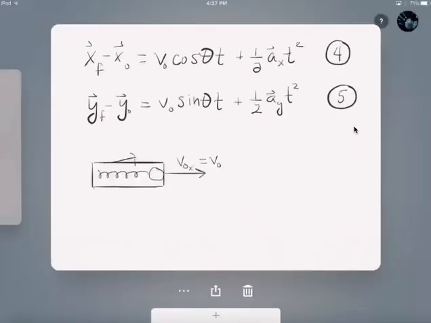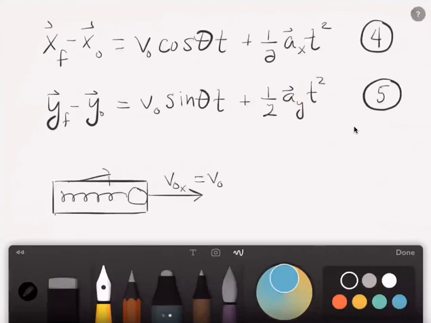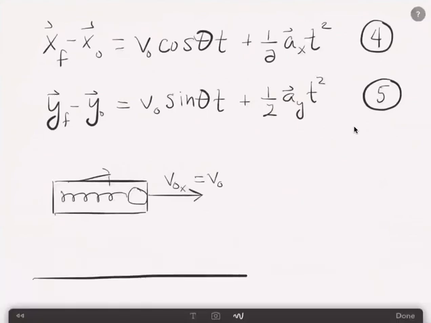So the ball is going to land on a table. It's going to have a look similar to this, and the velocity in the x direction will remain the same all the way throughout, will not change.